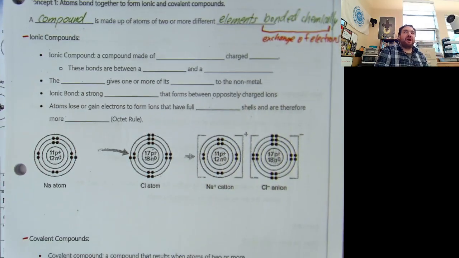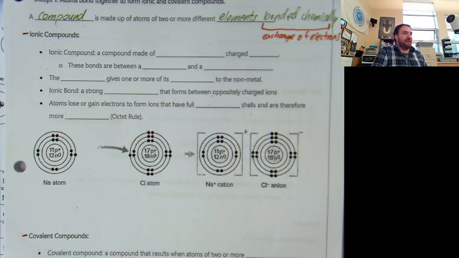Does anyone remember talking about these different kinds of compounds in grade 9? Has this language been used before? Okay, cool. What is an ionic compound? Or do you just remember that it was mentioned, but you don't remember the definition? That's cool, too. What's the definition of an ionic compound?